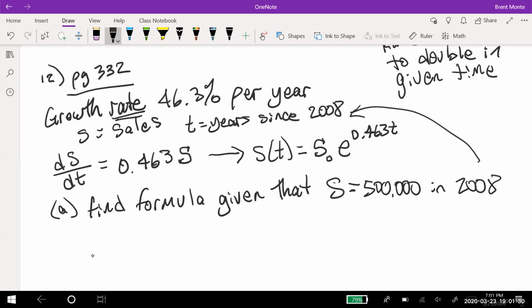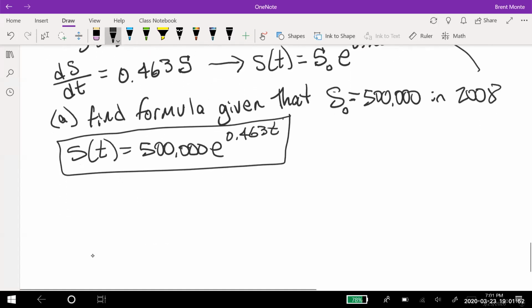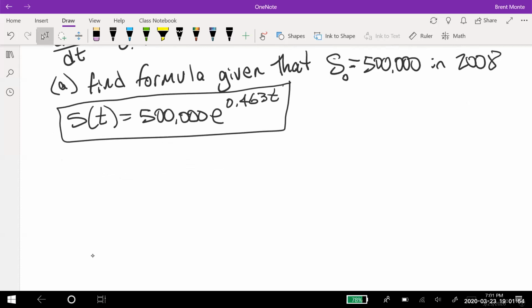That's my initial value, my S sub 0. So my formula is just sales at time t equals 500,000 e to the 0.463 t. Again, a very quick formula. That's the only formula it could be, since we knew the derivative was a constant times the function itself.